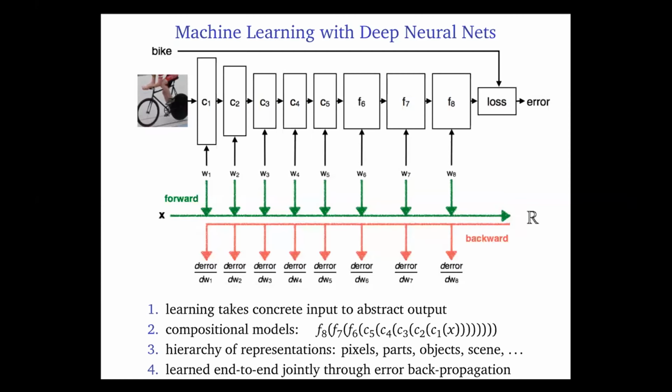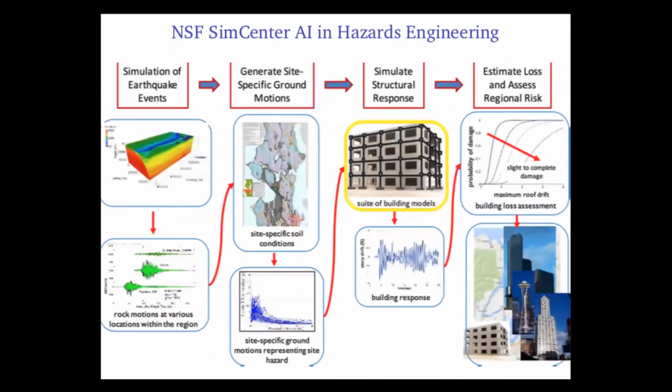So it goes from pixels to parts to objects to scenes. Finally, the semantic: this is a bike, right? And the machinery tells you how to optimize this, how to figure out the best parameters through end-to-end learning with a technique called error backpropagation.